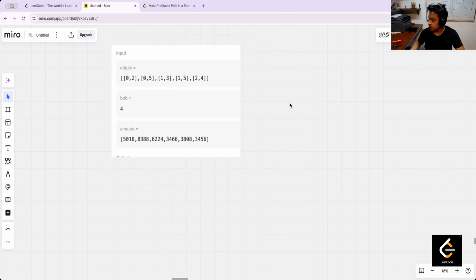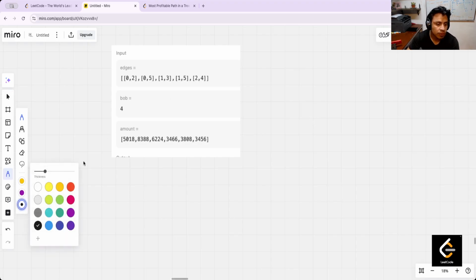Now we have this. What is the situation with my current approach? The situation is that I am thinking of this problem as a map, as a tree problem, and it's not true.